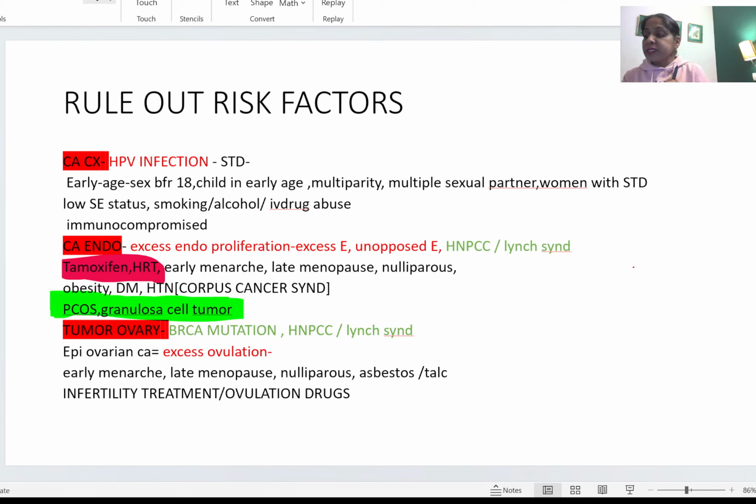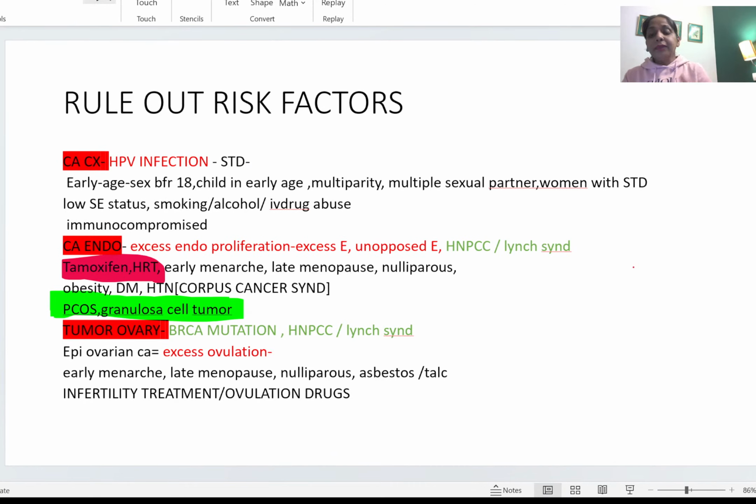Next is tumor ovary. In tumor ovary, the most important risk factor is BRCA mutation. If this mutation is present hereditarily in any first degree or second degree relation, then, as you all know, the patient can have CA ovary or CA breast.